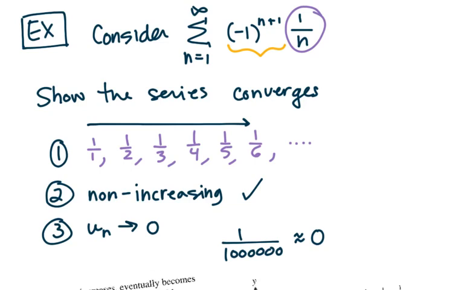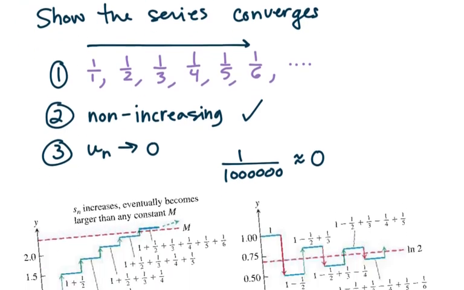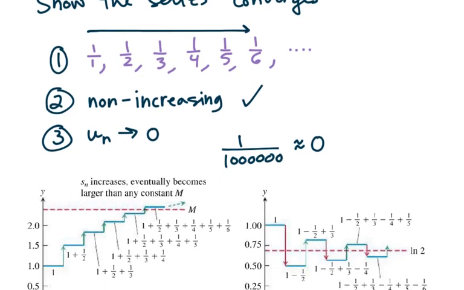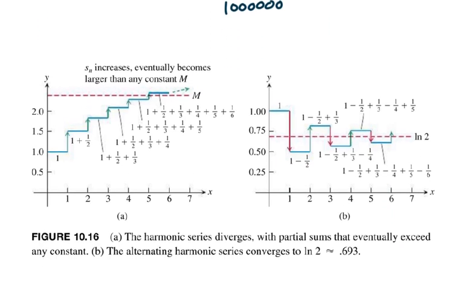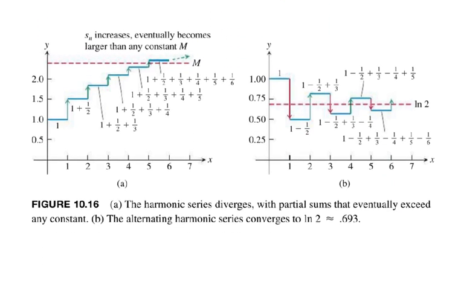And I've pulled in a picture here that helps us think about what we're looking at. Part A of this graphic is just showing the sum of that regular harmonic series, 1 over n.